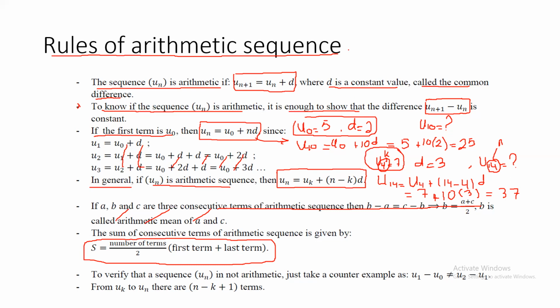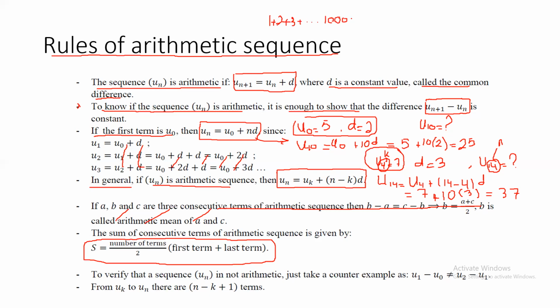For example, if I told you to calculate the sum of numbers 1 plus 2 plus 3 plus ... plus 1000.